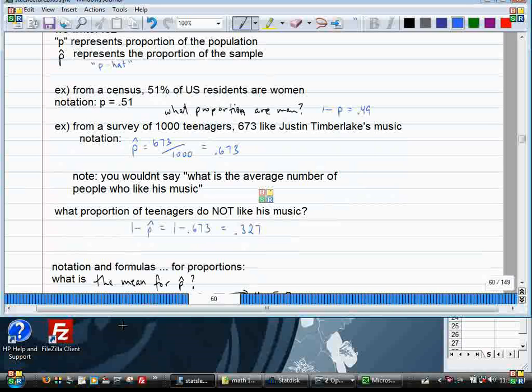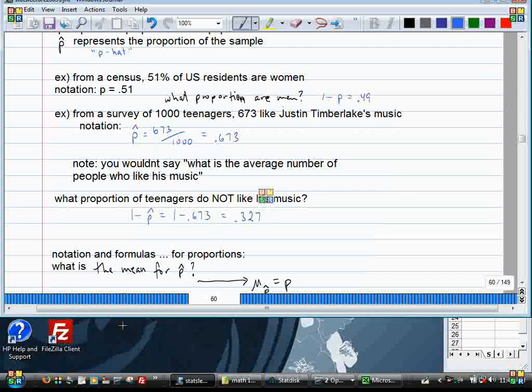Remember, because you weren't here last time, last time was really important. In the same way that last time we talked about the mean for x bar, now we're going to talk about the mean for p hat. And remember, the mean for x bar was really simple? It's going to work very similarly for the mean for p hat. It's just p.